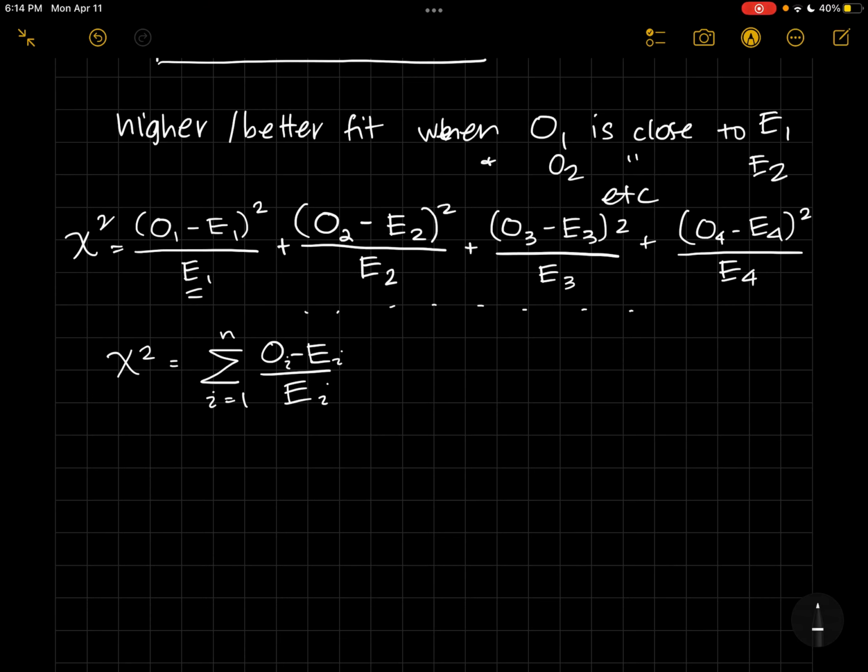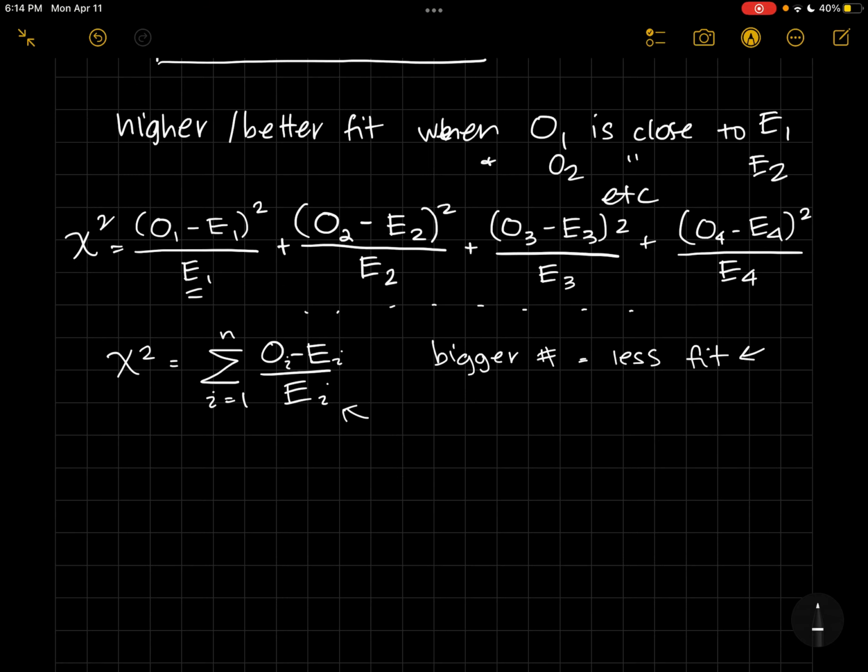So this is how we write out the chi-squared. And we're going to get a number out of this, and it's going to be normalized to our expected value. So the bigger the number equals less fit. The smaller the number equals a better fit. And when we're doing a lot of our tests, we're going to actually be interested in how bad of a fit it is.